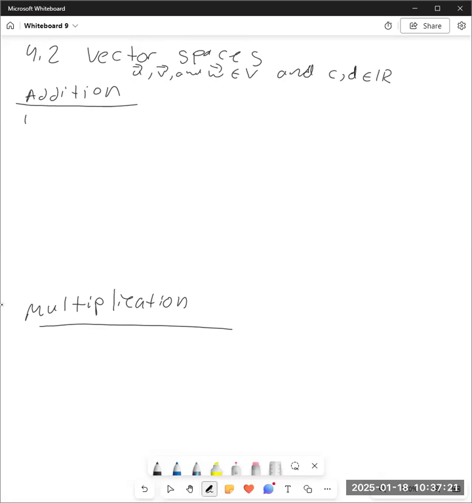And I'll talk about what the zero vector is later when we get to that property.